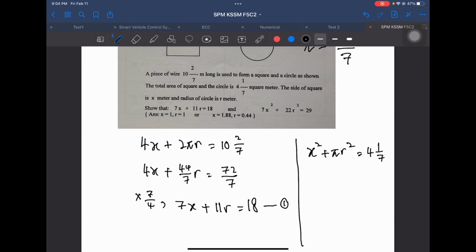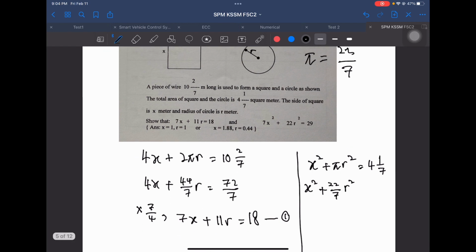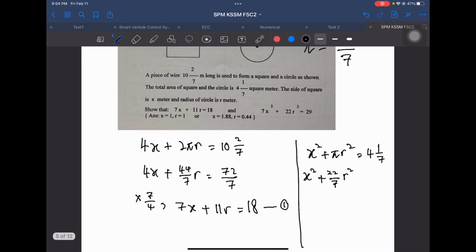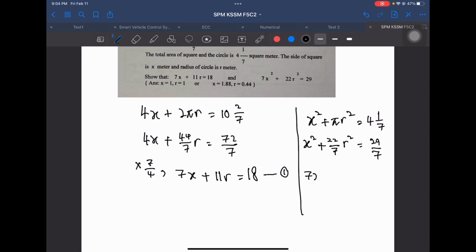So x squared plus 22 over 7 r squared equals to 29 over 7. So from here, you times 7, you get 7x squared plus 22r squared equals to 29, which is the second equation that we want to prove.